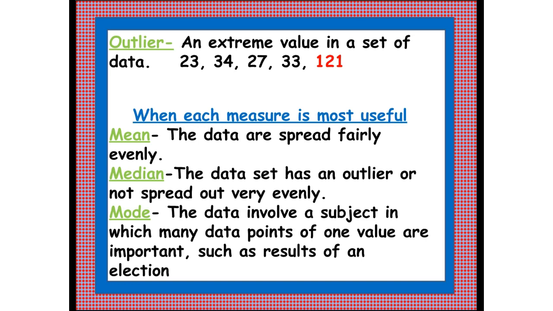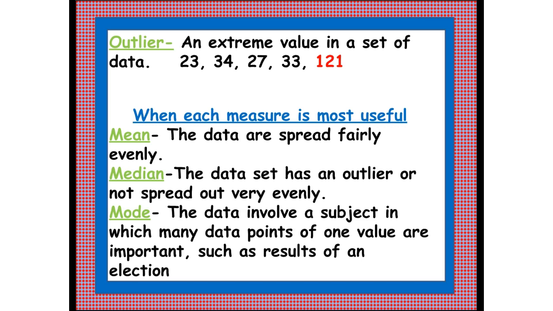The next thing we need to understand is when each measure is most useful, because sometimes I want to use the mean, and other times the median is a better choice, or possibly the mode. So the mean is best used when the data are spread out fairly evenly. So if you looked at all your numbers, they're all kind of clustered in the same area, kind of spread out evenly.